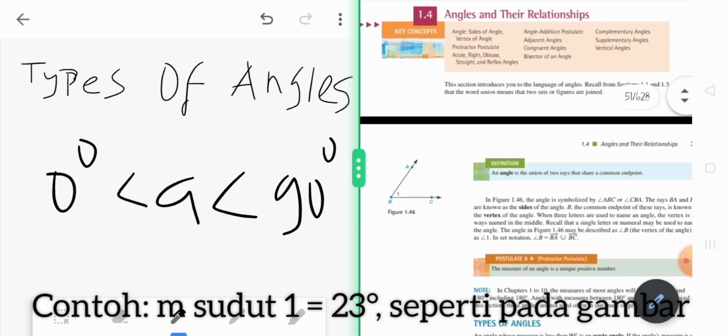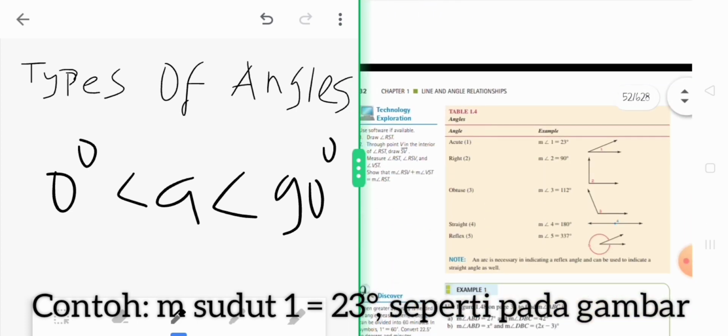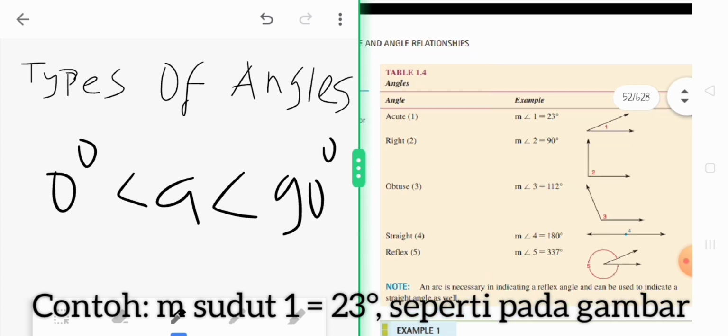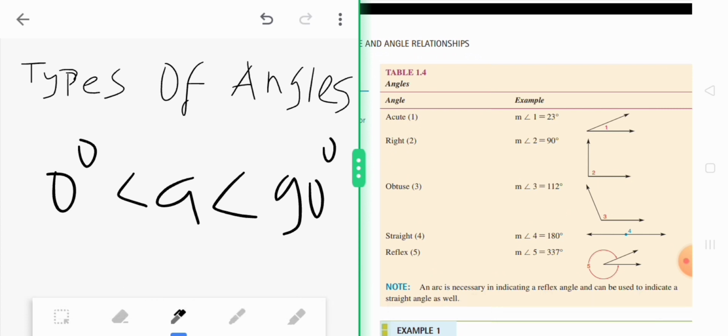Example: m angle 1 is equal to 23 degrees as in this picture.